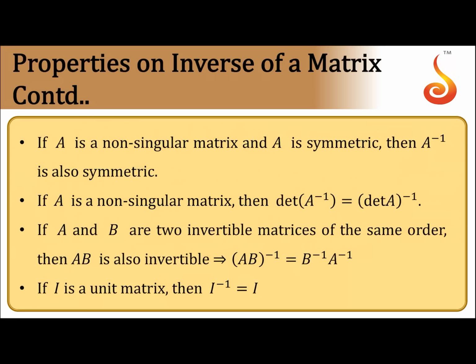If A is a non-singular matrix, and if A is symmetric, the inverse is also a symmetric matrix. If A is symmetric, then A inverse is also a symmetric matrix.